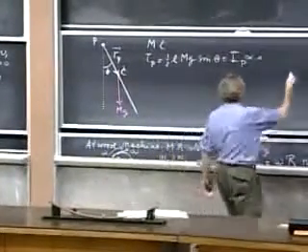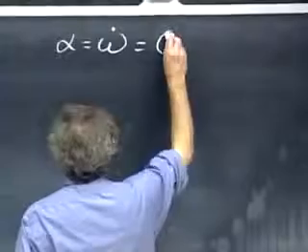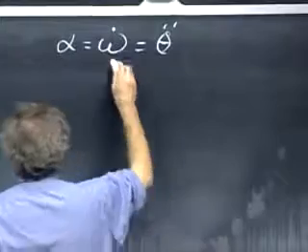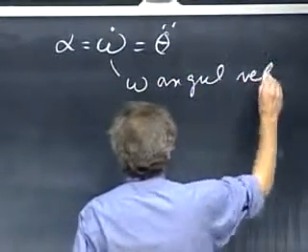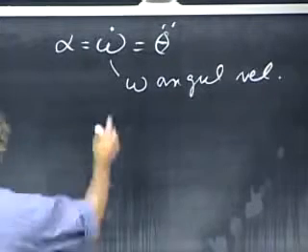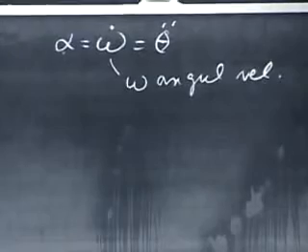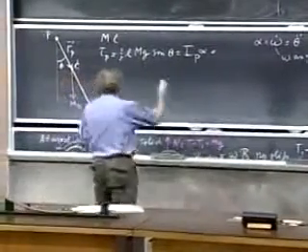So alpha equals omega dot, which is also theta double dot. This omega is the angular velocity. It's d theta dt, and the derivative gives me the angular acceleration. There has to be a minus sign here.